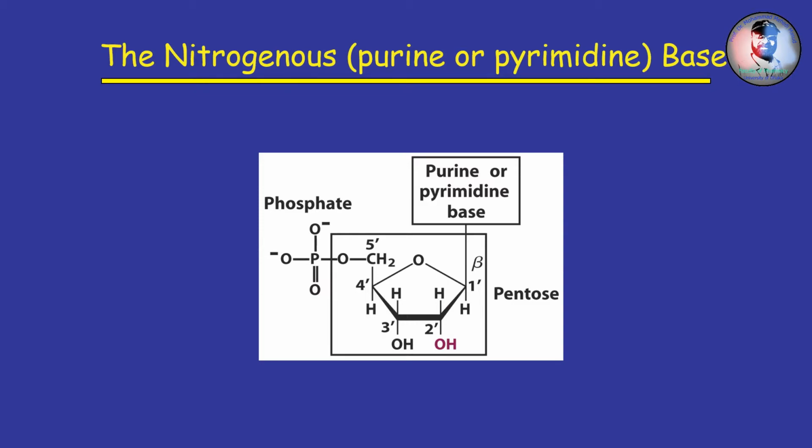Now I shall discuss the nitrogenous bases present in the nucleotide of a nucleic acid. A nitrogenous base is attached to the 1' carbon of the pentose sugar of a nucleotide.